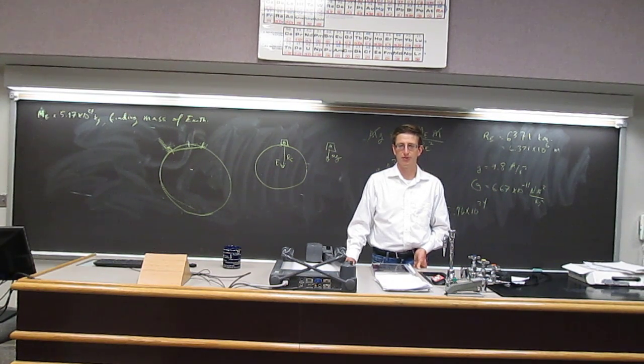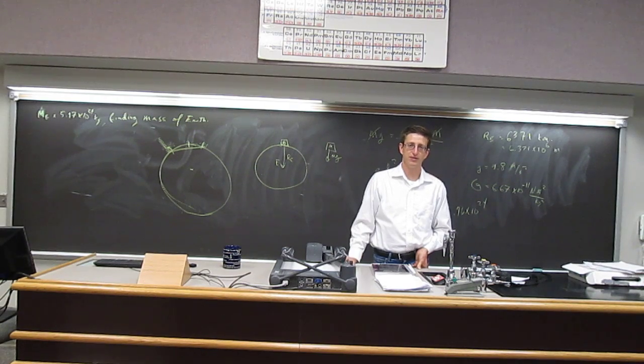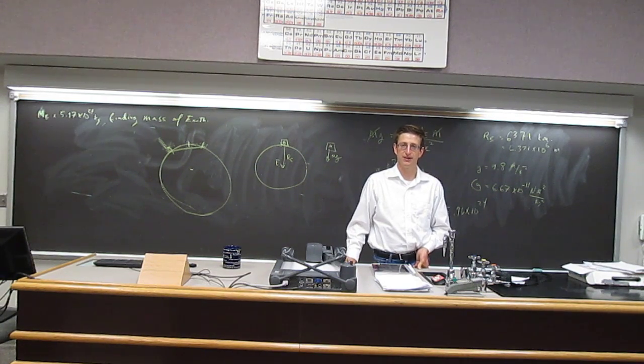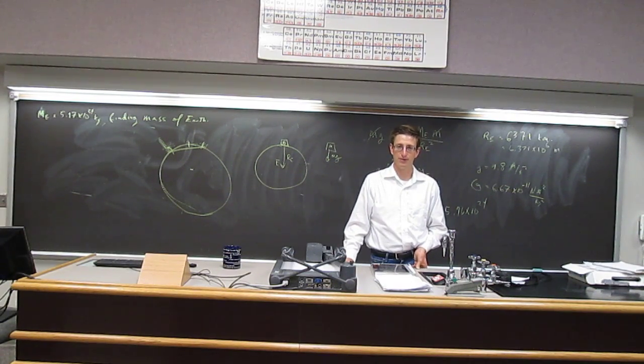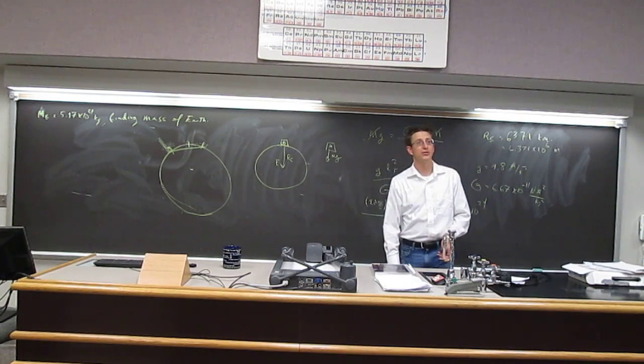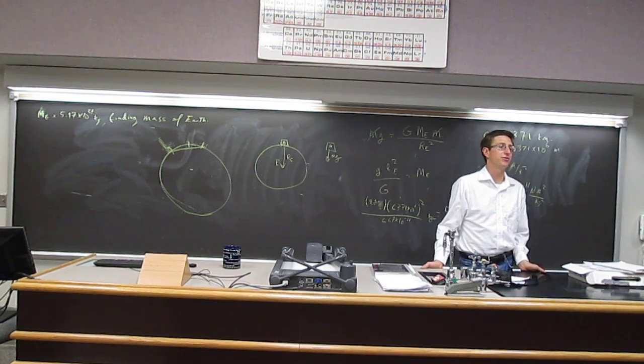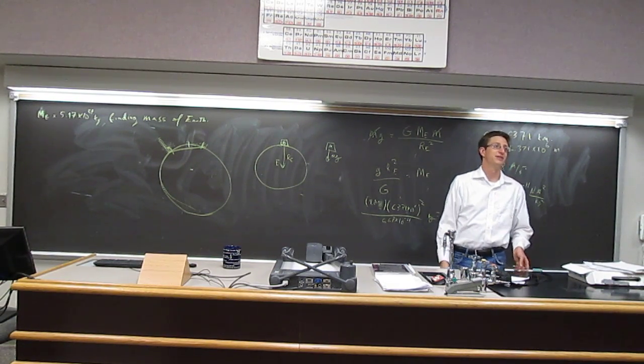But once you know how far away it is, then you know the size in the sky, and you can look at that angular size and get how wide it is across. Would you use the same equation to figure out the mass of the sun? Yeah, you could. Once you know how far away you are from the sun and you know the force on the Earth, it'd be pretty easy to get the mass of the sun. And we will know that because we know our period around the sun. But we'll deal with that.